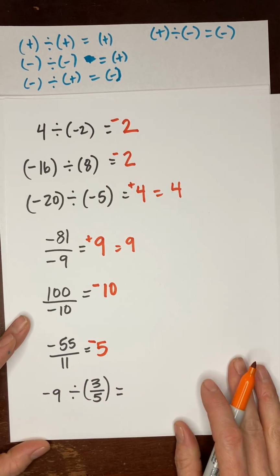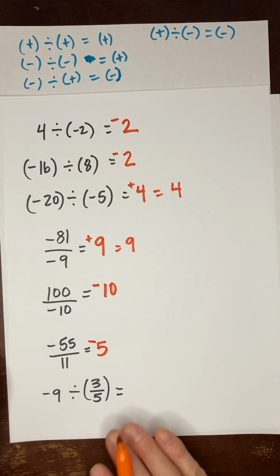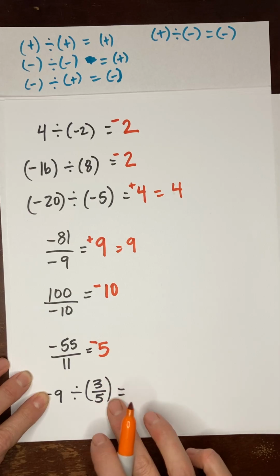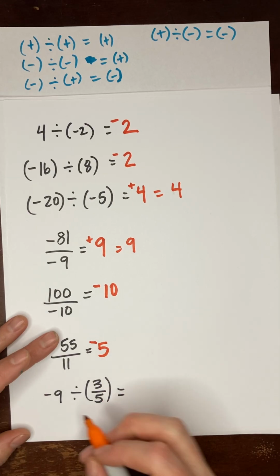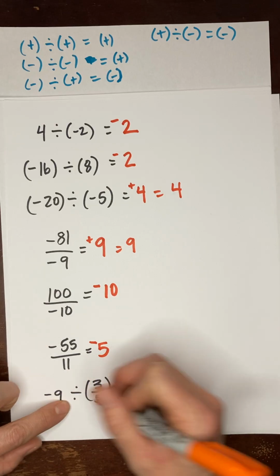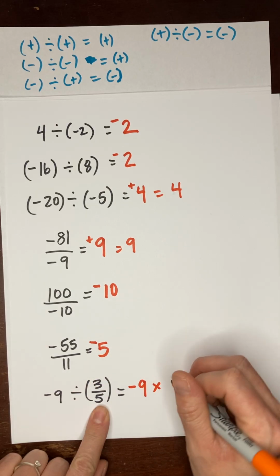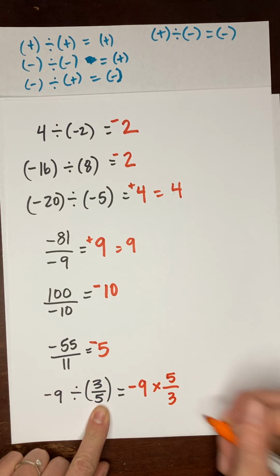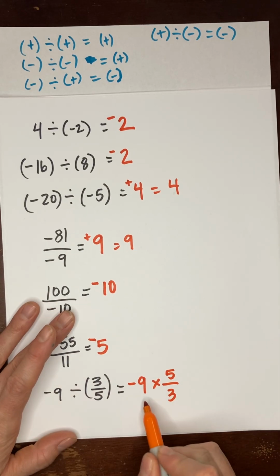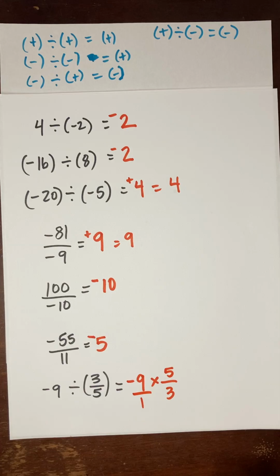My last one is a little bit trickier, but again, my rules are not changing. I'm going to treat this just like 9 divided by 3/5. So I'm going to do keep, change, flip. I'm going to keep my minus 9, change this to multiplication, and flip my fraction. You can leave it like this if you're okay with this kind of multiplication, but I'm going to put that over 1.